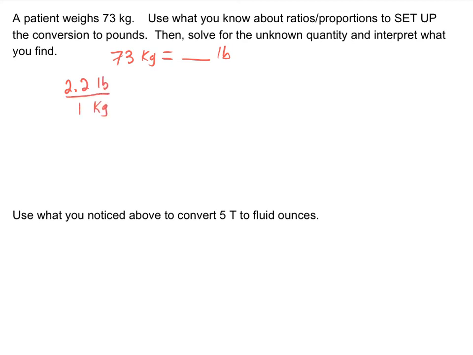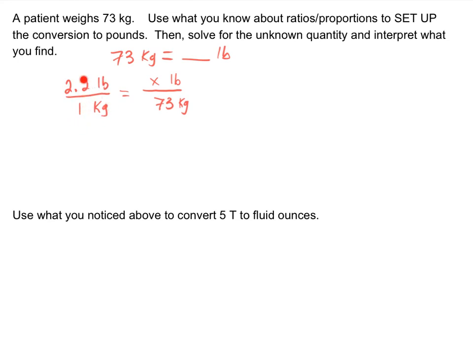So we saw last week that we start with this ratio, and we are looking, in this case, to convert or change into an unknown number of pounds. So I'll put that here as X, that's my unknown variable, and we are looking for an equivalent amount of 73 kilograms. So again, this was a review of last week. We have this conversion factor.